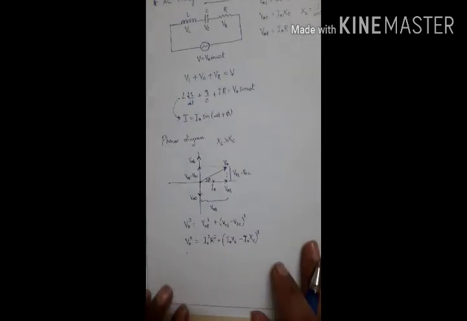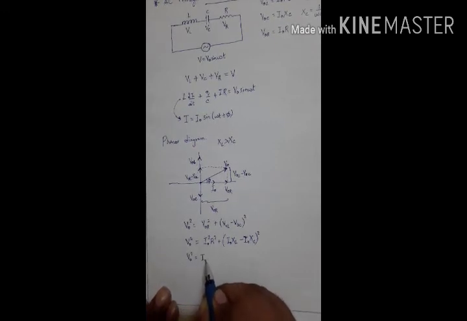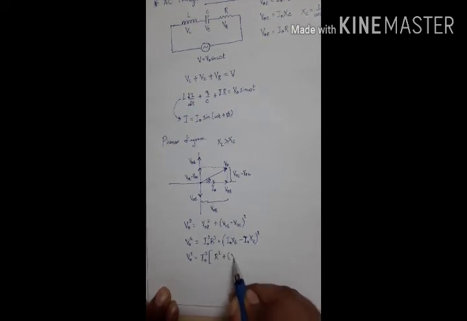So here अब हम लोग इसमें से I0 स्क्वायर सब में से बाहर निकाल सकते हैं. So what we get inside is R squared plus (XL minus XC) the whole squared.